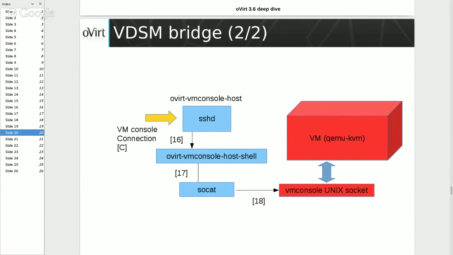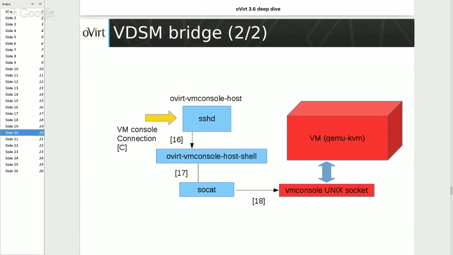Like oVirt VM console proxy, this service is using another custom SSHD instance, specially configured, and this service allows exactly one command when one user connects, which is the oVirt VM console host shell. So the only action which can be done when someone connects is to actually connect to this shell.